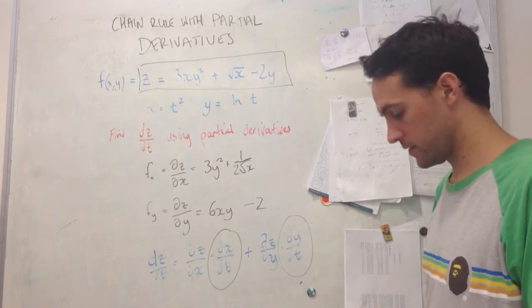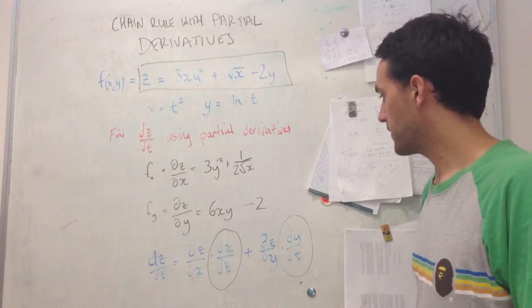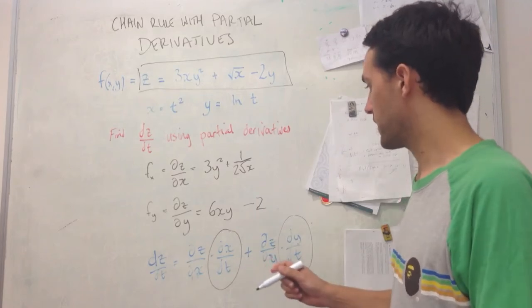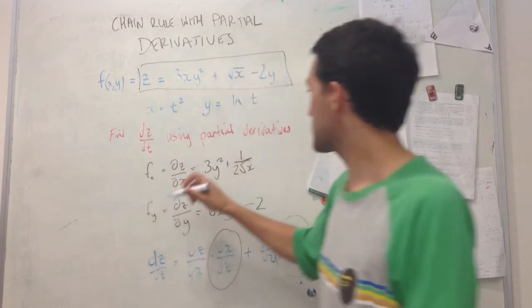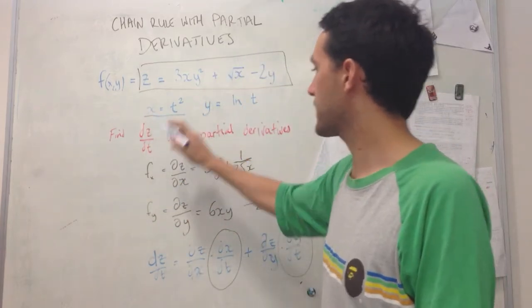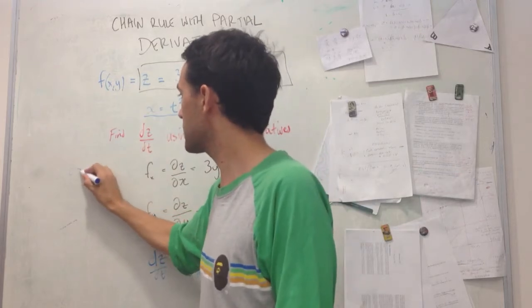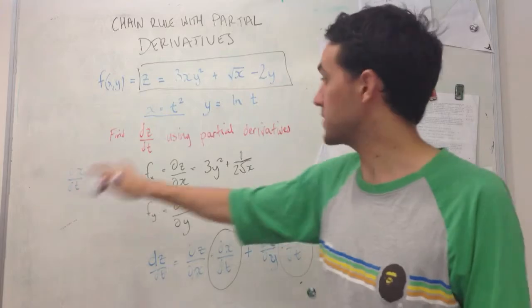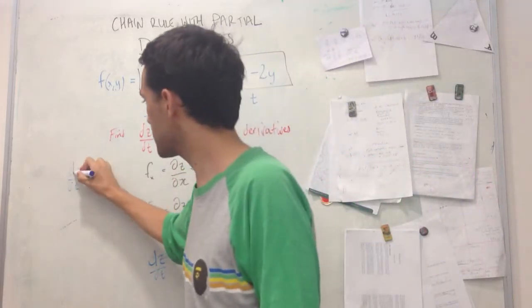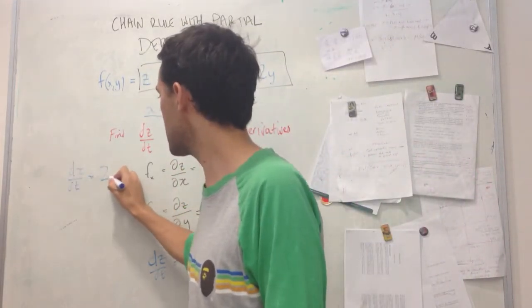Okay, so let's write down the information that we need. I need dx/dt, which from here I can see, now these are complete derivatives because x is an explicit function of t, is going to be 2t.